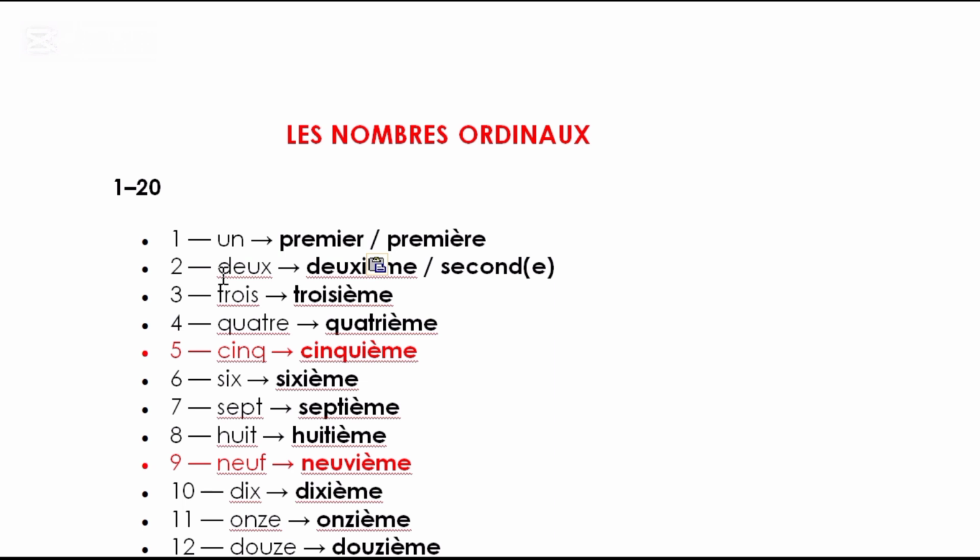Then our cardinal number 2 is deux. What about second? We are going to call it deuxième. Deuxième means second. And we can also call it second. This second is masculine.